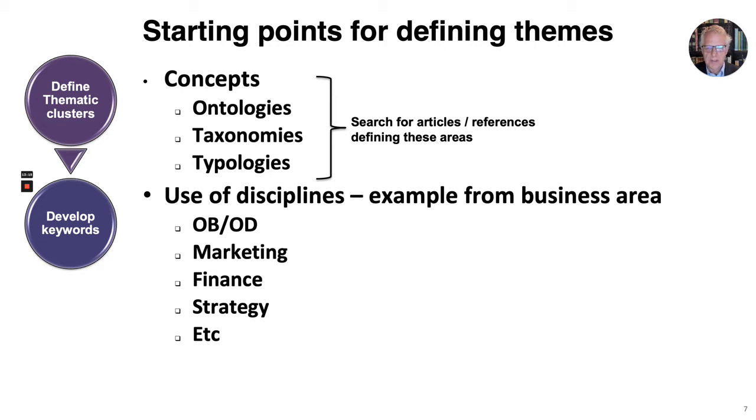But it is typically in today's world and today's language: organizational behavior, organizational development, OBOD, marketing, finance, which can include accounting as well, and strategy, which can include administration. And there are a few others out there, such as production, operations management, and so forth. But using those disciplines will often get you to a place to find keywords. That brings up the question about how do we do that? The next slide will give us some hints on what that may look like.